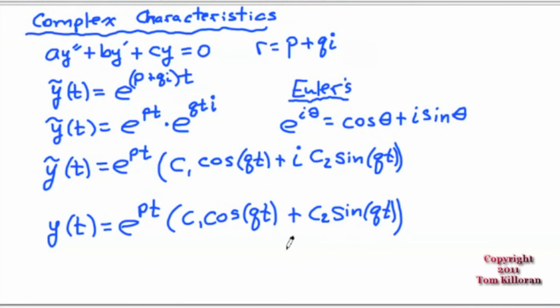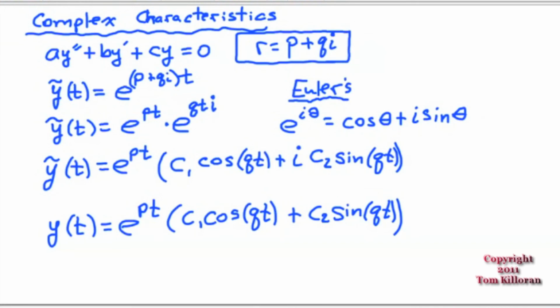It's another possible way of looking at it. But either way, we're getting rid of the idea that c1 and c2 are imaginary, and we get this nice solution. So if we ever get characteristic solutions of p plus qi, or 2 minus 3i, or 4 plus 5i, we can separate it into an e function for the real part of it, and then a cosine and a sine for the imaginary part of it.